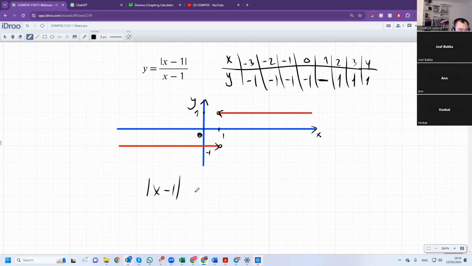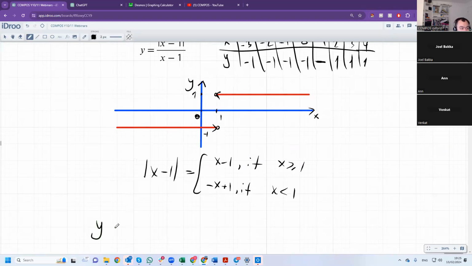x - 1 is x - 1 if x is greater than 1, and it's minus x plus 1 if x is less than 1.